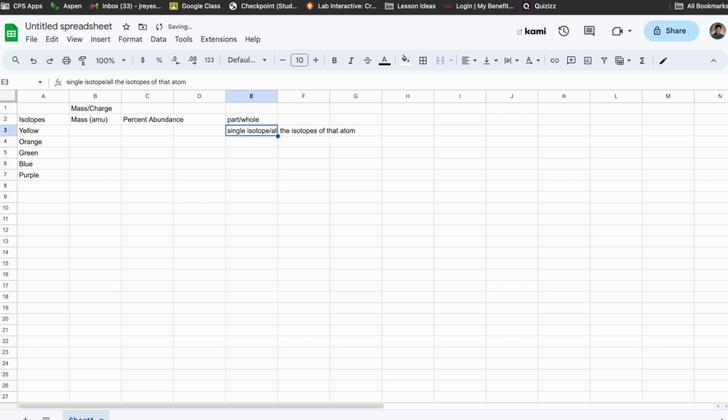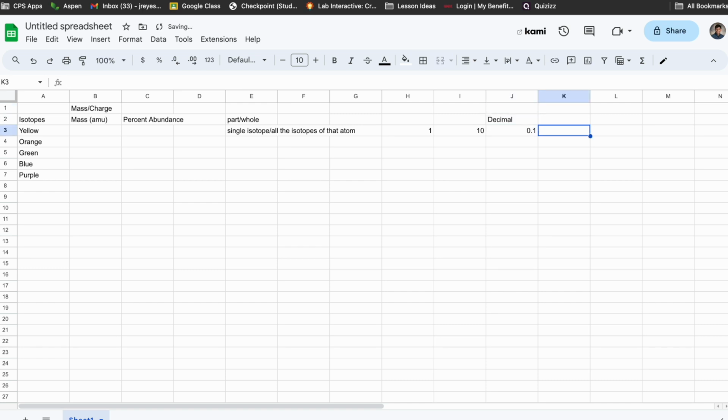Right, so that's how this thing works out. So we have a part over the whole. If you'll remember, for the yellow one, the total number was 10, right? So if we divide 1 by 10, we get 0.1, which was our decimal.